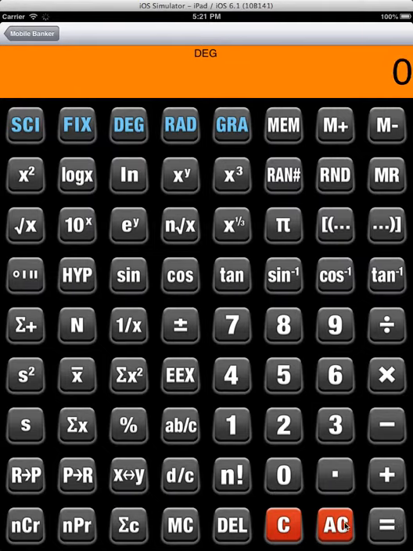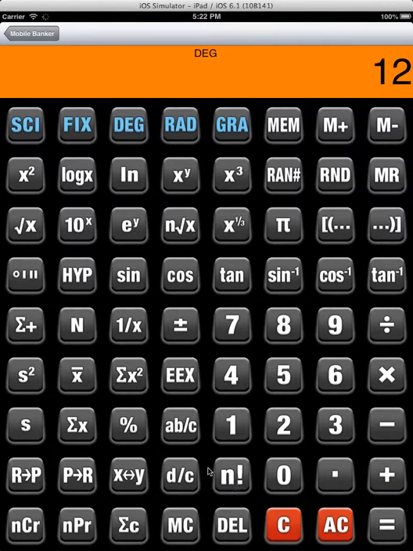We can do a polar to rectangular, 13, 8, this, that's that. So 12, 5 equals, okay, rectangular to polar. Now mixed mode operations, say 45, 12.